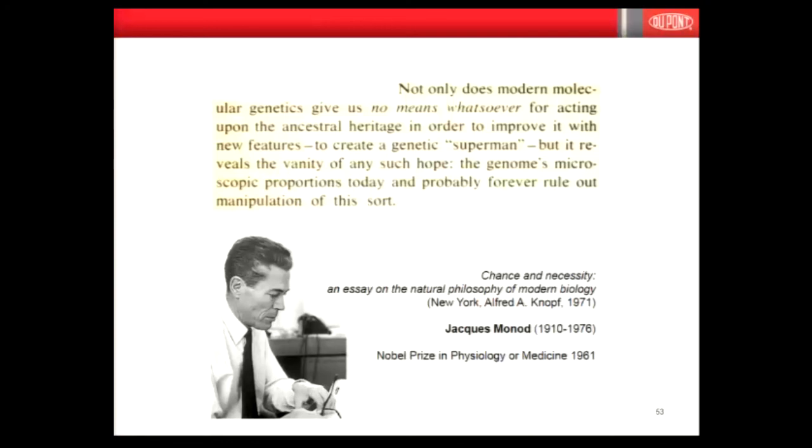I will not say a lot about that, but I would like to finish with this citation from Jacques Monod, Nobel Prize in 61. He wrote a book in 71, Chance and Necessity, where he says that because of the microscopic nature of the genome in human cells, it will probably be impossible to modify this DNA in order to improve human beings.